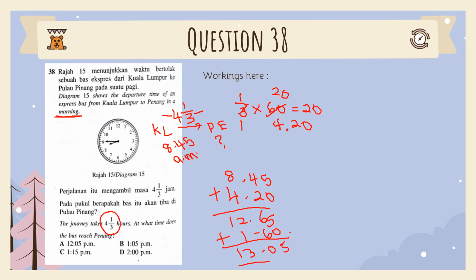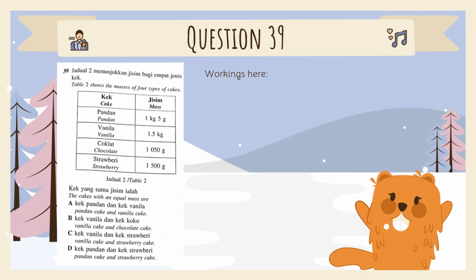Okay, so we will get 1305. So since they have written the answer in 12-hour system, we just change it to 12-hour system and we will get the answer 1:05 p.m.